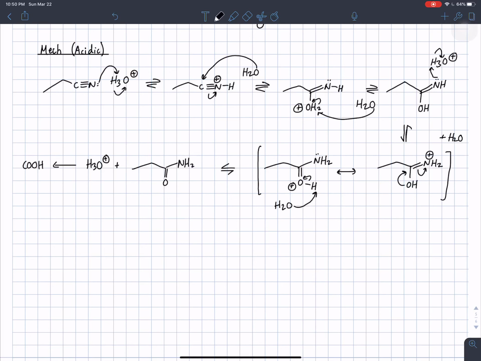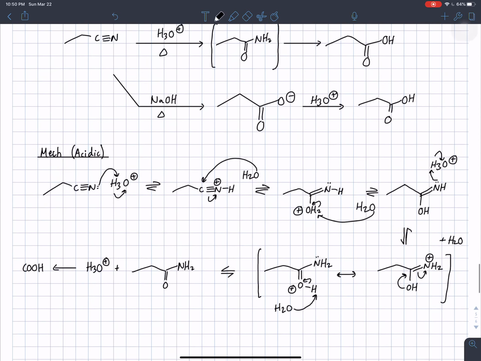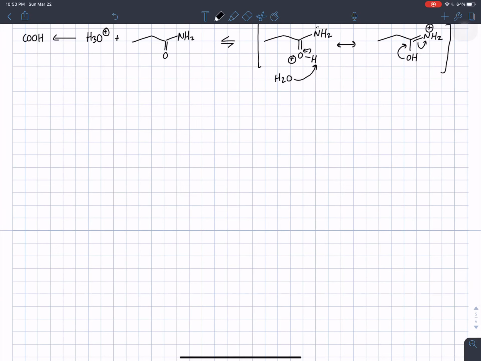All right, so that's nitrile hydrolysis in acidic. In basic, let's take a look at how it works in basic. Mech, now in basic conditions. Cool, so just like before, it's going to be a little bit shorter. We're going to also, again, just look at how it gets to amide, and then we're done.